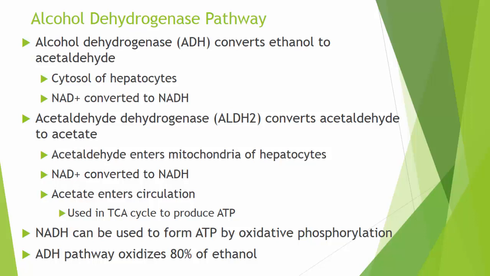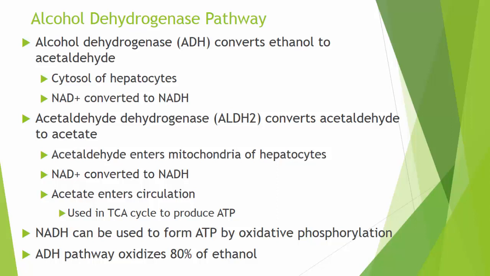Then acetaldehyde dehydrogenase converts acetaldehyde to acetate. In this case, acetaldehyde enters the mitochondria of the hepatocytes, and there the enzyme converts acetaldehyde to acetate. And again, we need to note that in this case, an NAD+ is used up to form NADH.